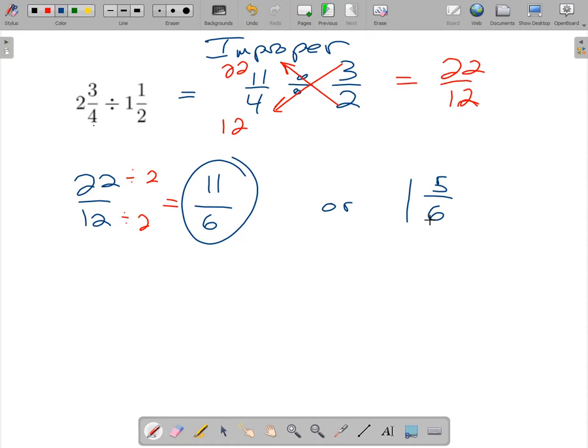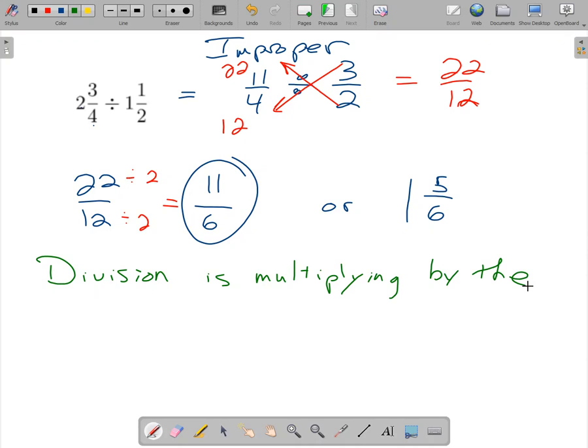An alternative approach to the division algorithm is to multiply by the reciprocal. So division is multiplying by the reciprocal.